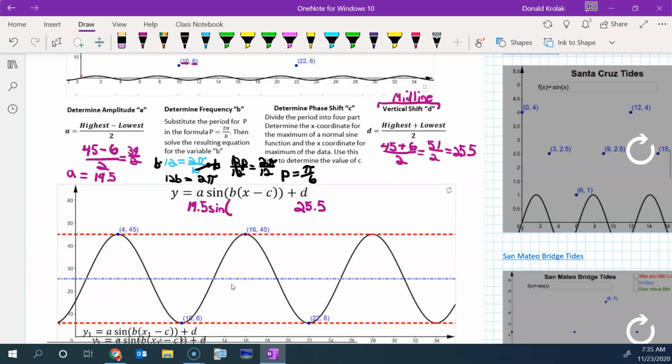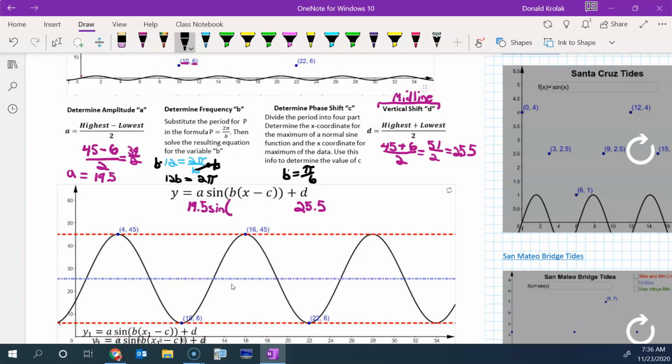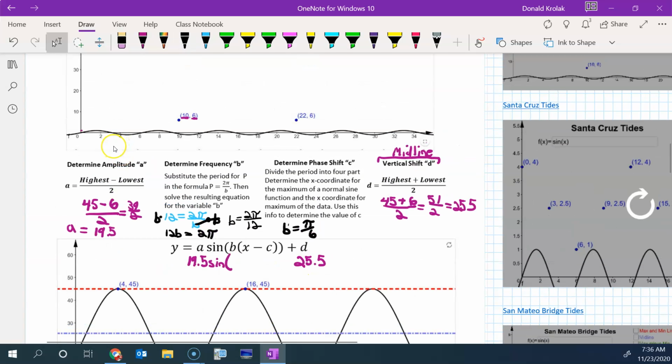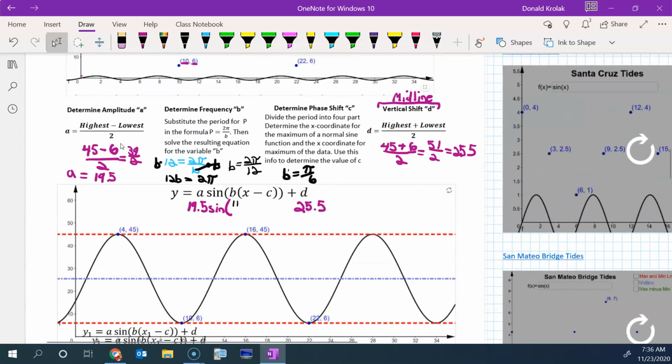So that's my value of B, pi over 6. Here in the formula, I'm going to put pi over 6. Put that in on the GeoGebra app.